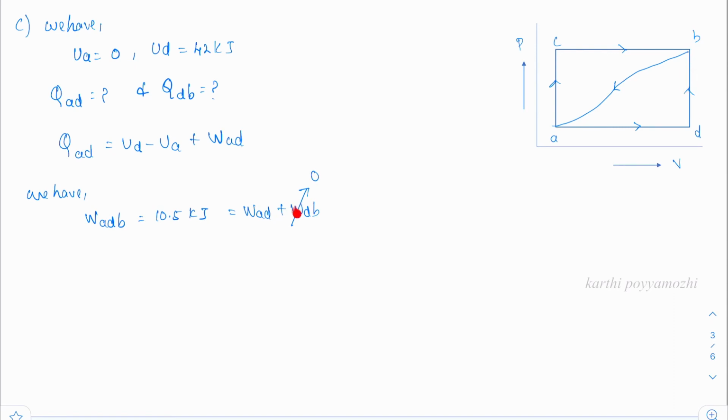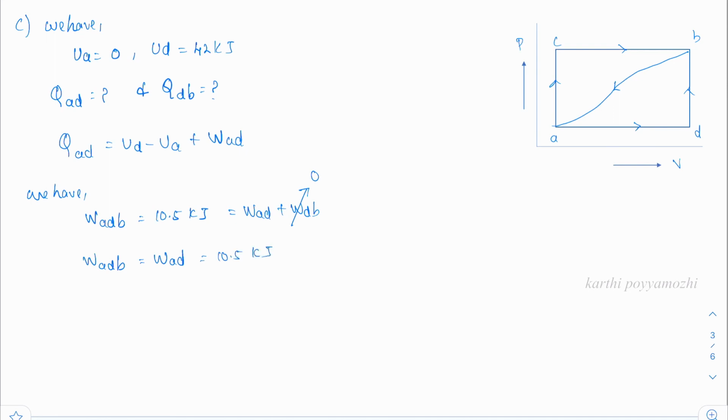That is, the work done along the path DB is equal to 0. Therefore, we can conclude that WADB will be equal to WAD, which is equal to 10.5 kilojoule.